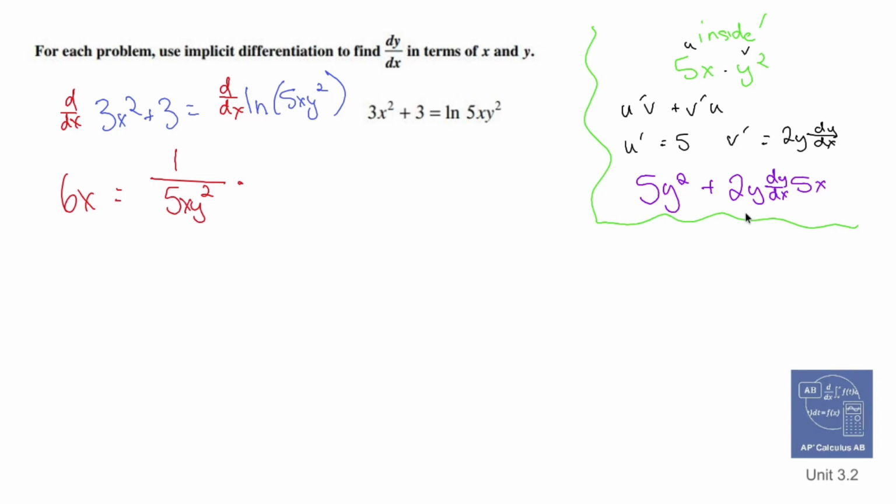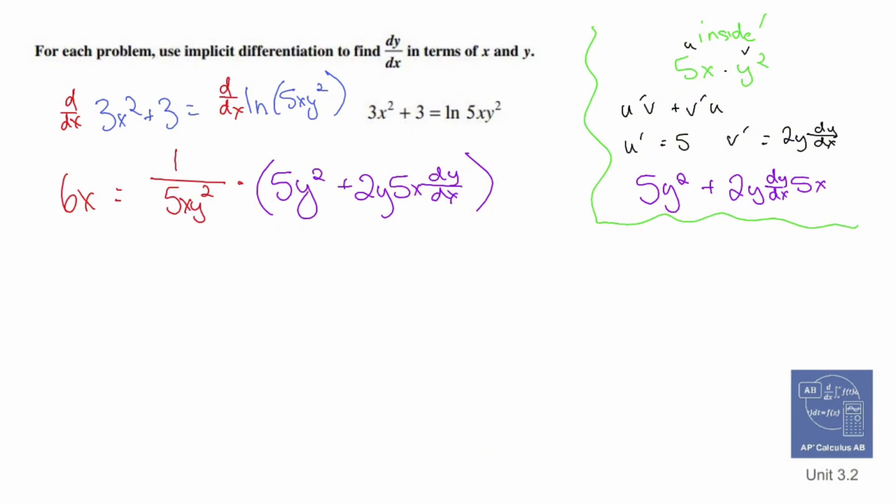So we have 5y squared plus 2y, and let's move this 5x over and make it dy/dx. Let's just clean it up that way. I probably could have multiplied 2 and 5 and made it 10. Probably should have, and I probably will in the next step.